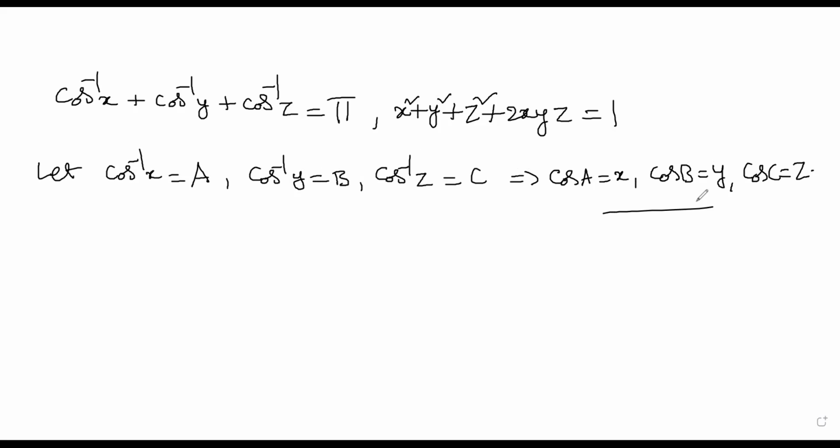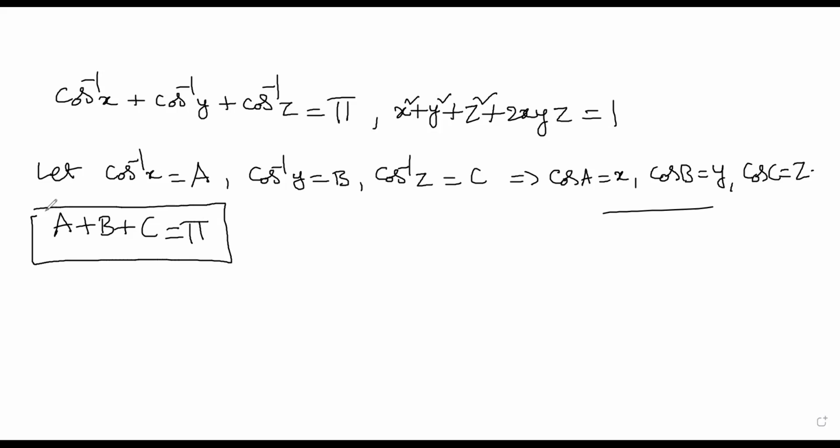And the next one is that it also says that A plus B plus C is equal to pi. So A, B, C are the angles in a triangle. Sum of the angles in a triangle is equal to 180. So that's what it says.